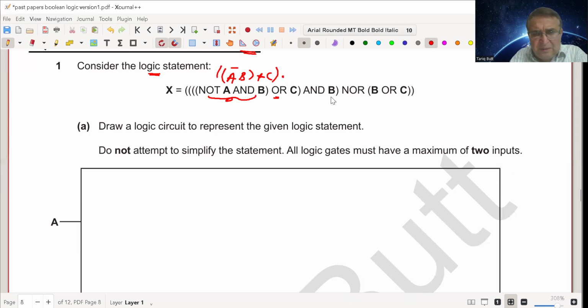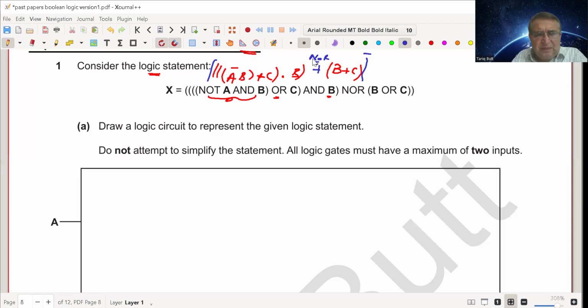Then AND with this B. And then you have to NOR this whole with B or C. B or C is B or C, and you have to NOR these two, I mean this as well as this. So NOR is just like plus, and then whole complement. This is NOR, or you can just write NOR if you feel convenient.